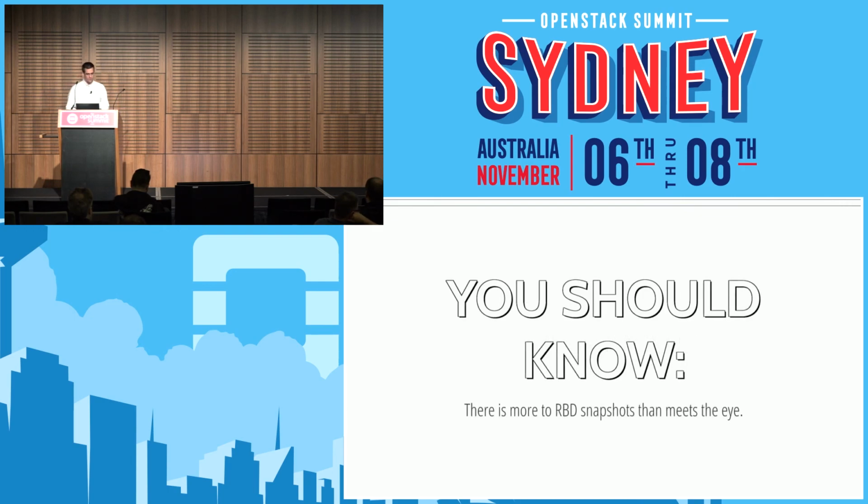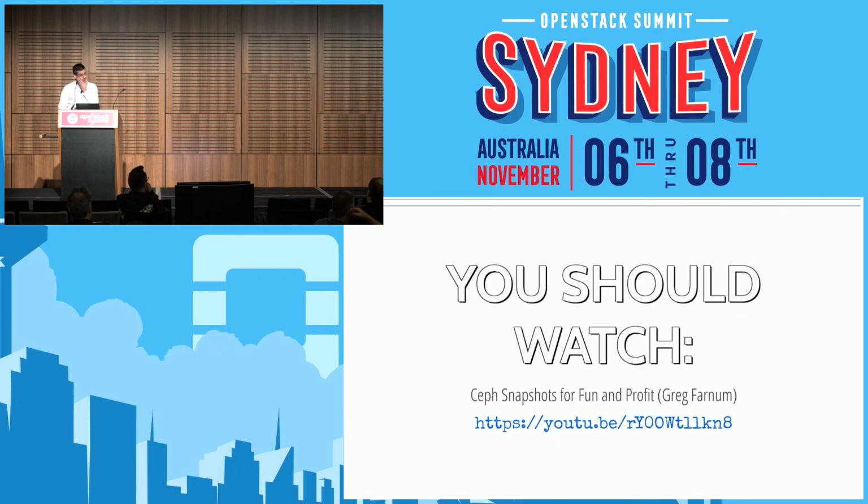But you should know that there is a little more to RBD snapshots than meets the eye. They look easy and straightforward at face value, but they're quite complex, and I'm not going to go into the details very deeply because there's an excellent video on this from Greg Farnum, who's a Ceph core developer, from the Boston Summit. It's called Ceph Snapshots for Fun and Profit. You should totally watch that.